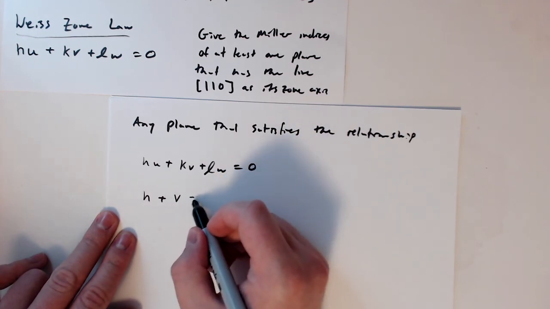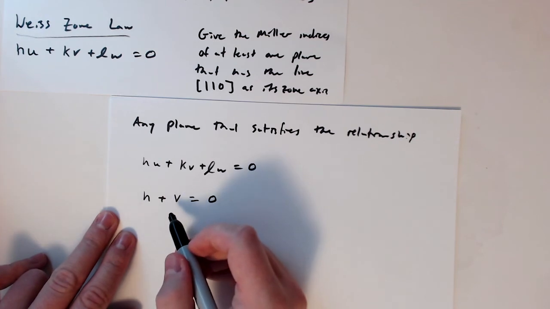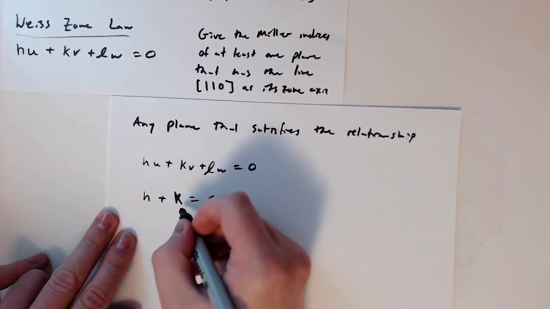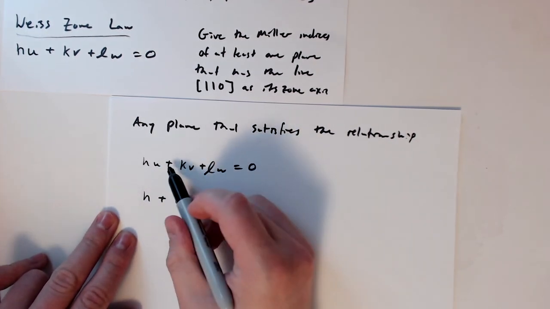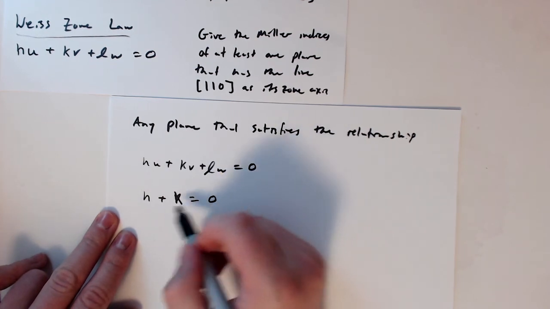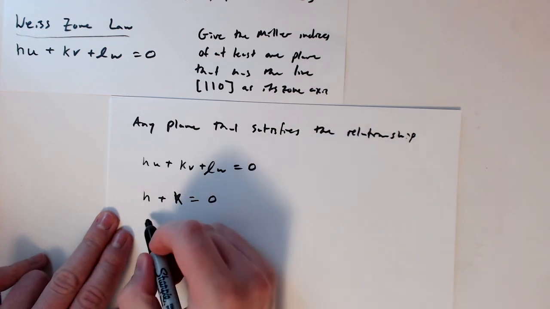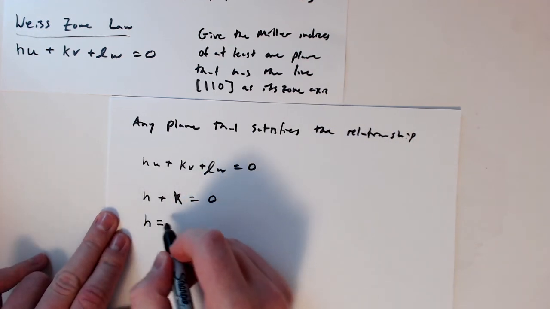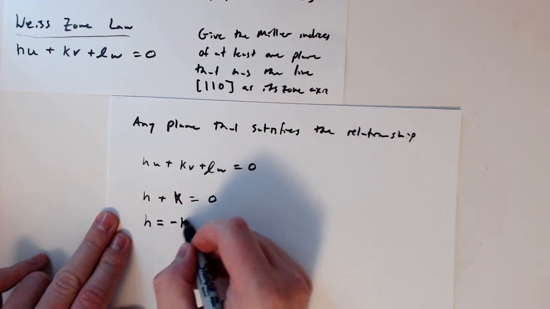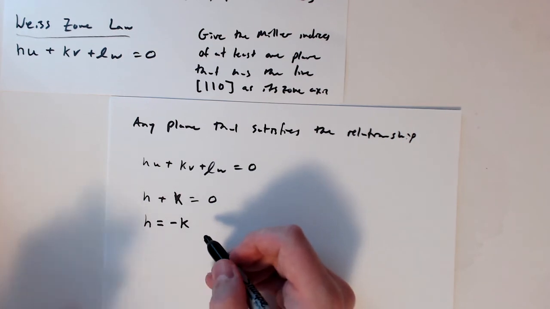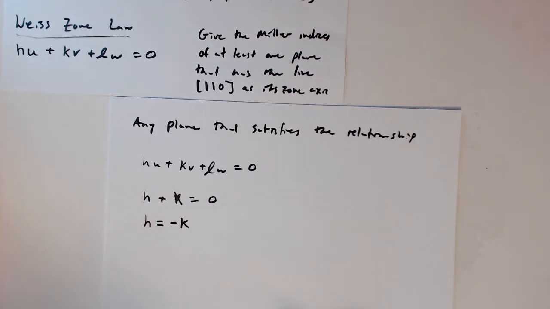So that means that u and v are both 1, and w is 0. So that leaves us with h plus k equals 0. So h has to be minus k. So basically any plane that satisfies this condition.